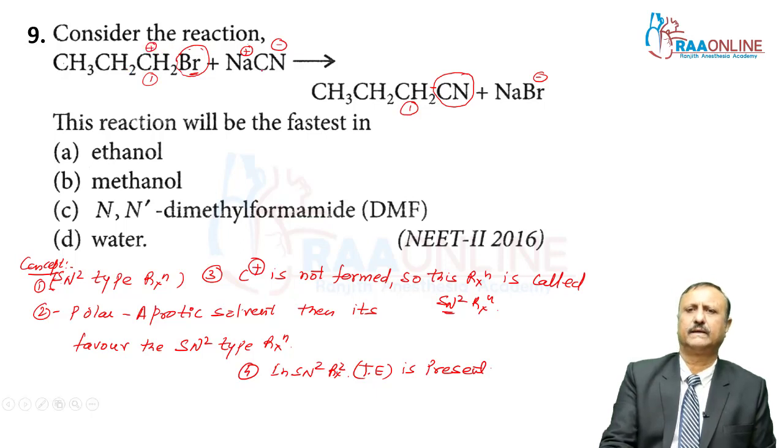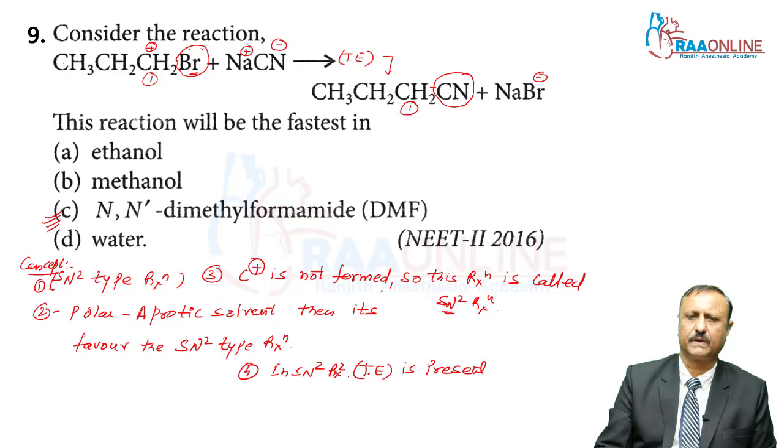So you can get the transition state, and after this transition state, you can get this compound. So you can go to answer C, 9th answer C, my dear students, because this is a polar aprotic solvent, N,N-dimethyl formamide. Here, my dear students, you can see the structure.